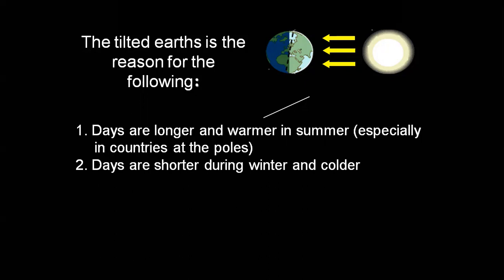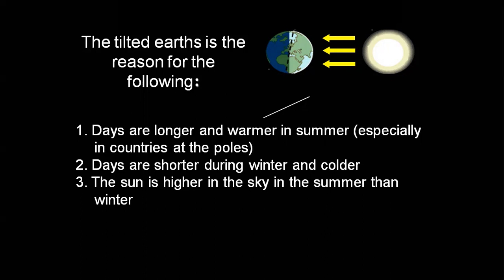Now, the tilt of the Earth is the reason for the following. Number one, days are longer and warmer in summer, especially in countries at the pole. These are shorter during winter and cooler because of the tilt of the Earth.